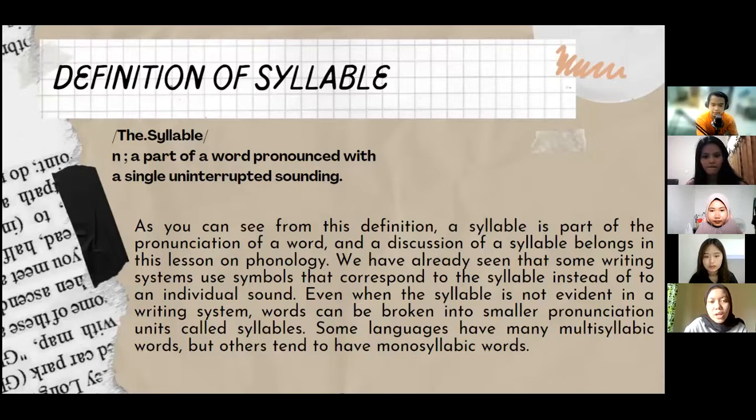We have already seen that some writing systems use symbols that correspond to the syllable instead of to individual sounds. Even when the syllable is not evident in a writing system, words can be broken into smaller pronunciation units called syllables. Some languages have many multisyllabic words, but others tend to have monosyllabic words.